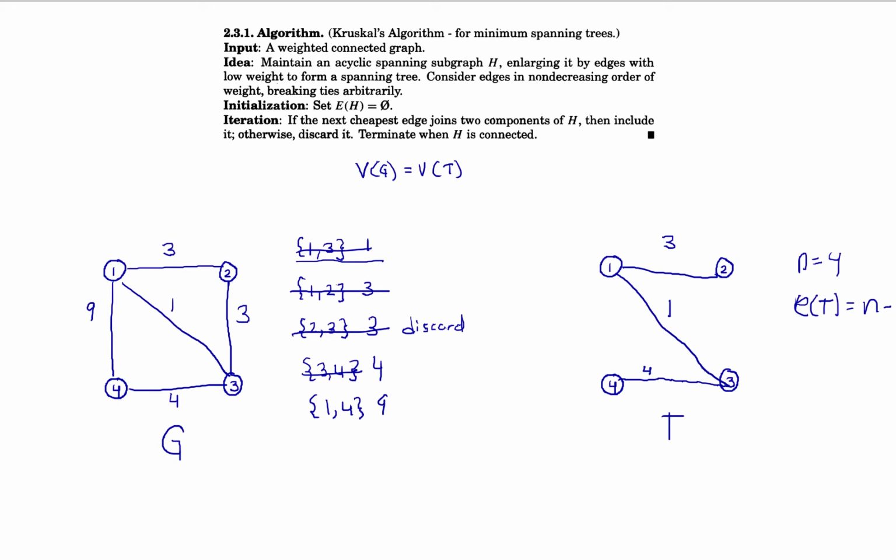Now, if you recall, from the definition, a tree has n-1 edges. So at this point, I know that I am done and we have a spanning tree. Now, if you do want to see the proof behind this particular property, you can look at Theorem 2.1.4 in the West textbook, and that will give you more information on properties of trees.